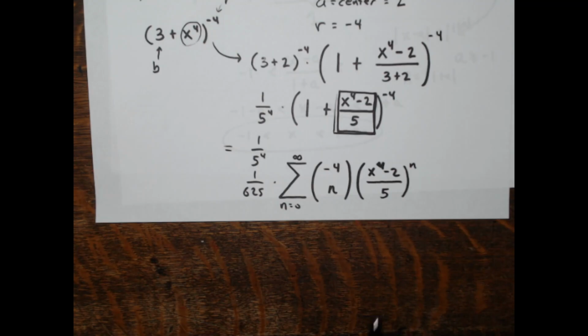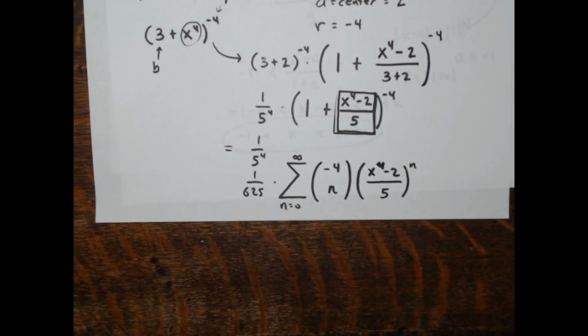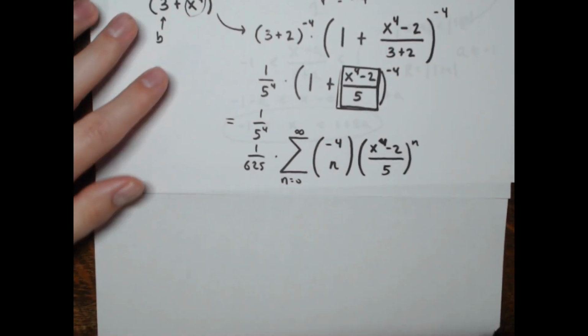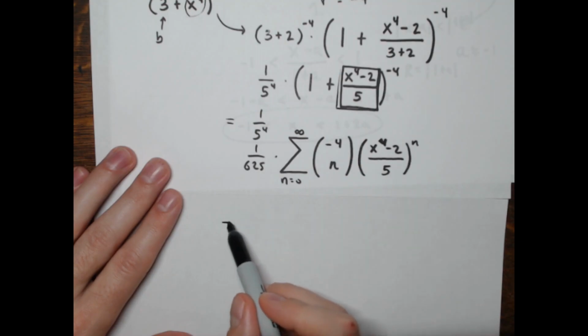Maybe I should just keep this as 1 over 5 to the fourth, because then if I put the 1 over 5 to the fourth inside, you get a 5 to the nth in the denominator.